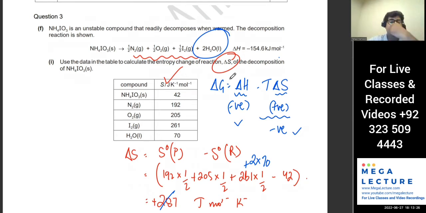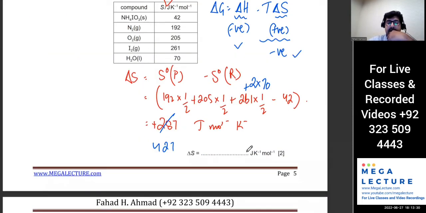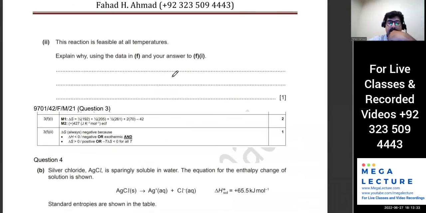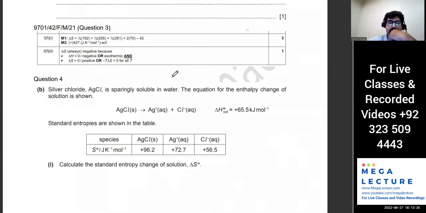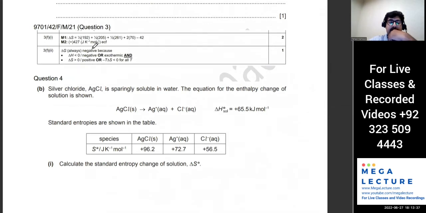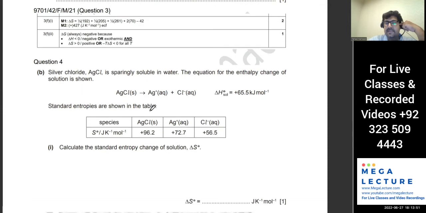So delta G would always come out to be negative. And you're going to explain this over here. The explanation is delta G is always negative. Why? Because minus T delta S is always less than 0 for all temperatures, and delta H is also less than 0. So both of the terms are negative, so the entire expression becomes negative.